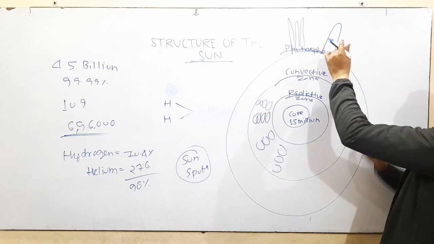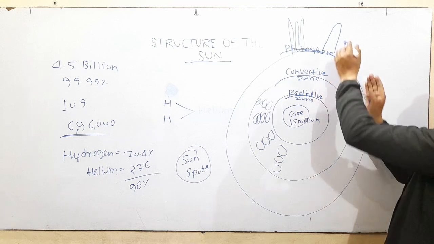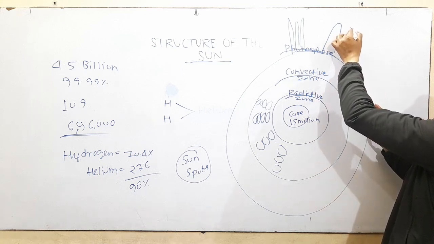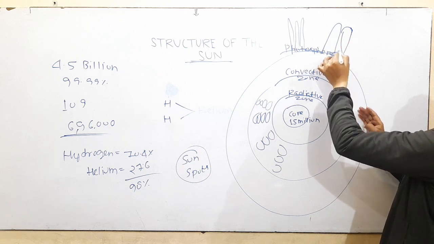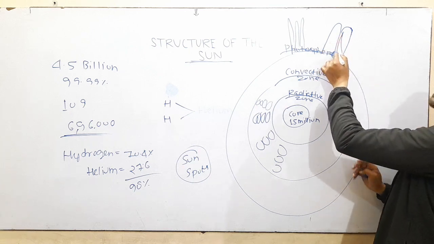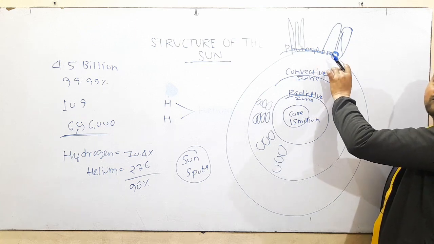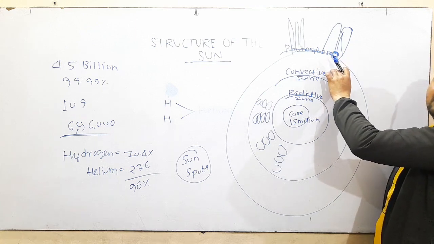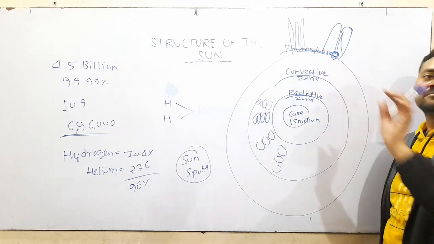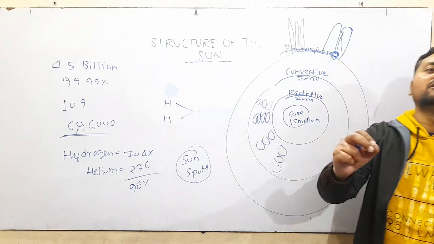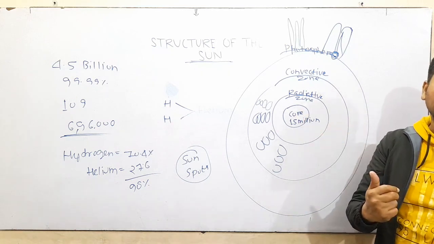So many flames will be coming back, and if they are meeting at this particular point, this point will be known as the solar spot, and the temperature of these solar spots sometimes goes to 1500 degrees Celsius.